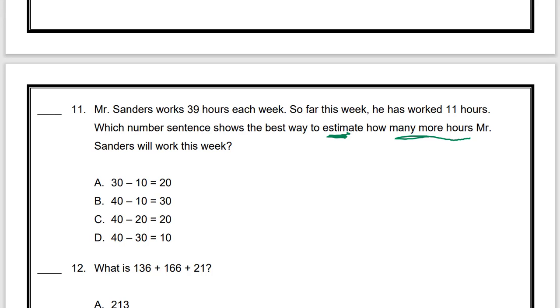And I told you many times, when the question asks how many more, we need to find the number that we need to continue to 39 hours. So how many more means that you need to subtract, and estimate means that you need to round first.